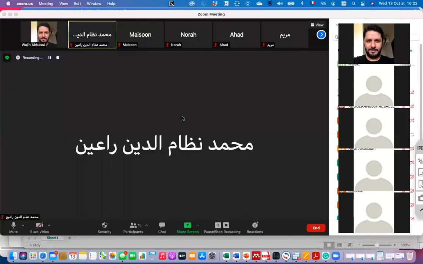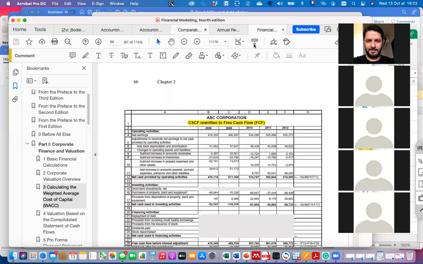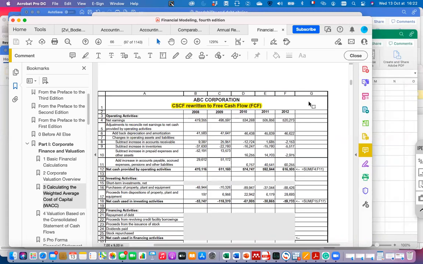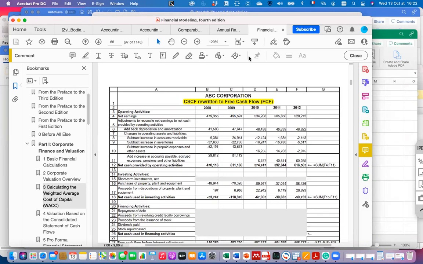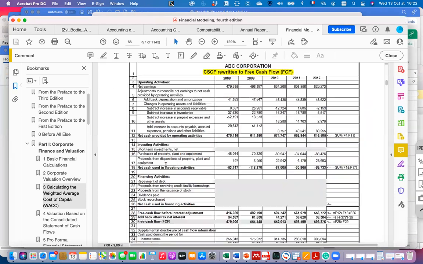Okay, so let's get back to our example. This was our example. As you can see here, we have made some modifications. The operating activities have been kept untouched.